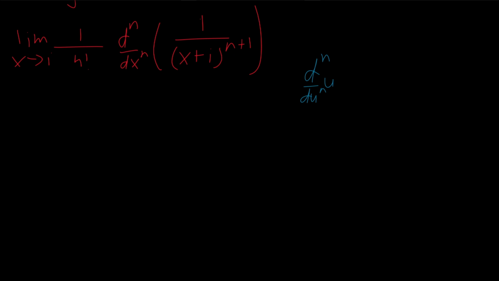to some a power. That right there, we know by power rule, if we just keep applying it, what we're going to get is an a originally, and then a minus 1, and then a minus 2, and so on and so forth, up until a minus n. And what we call that is just a falling factorial.